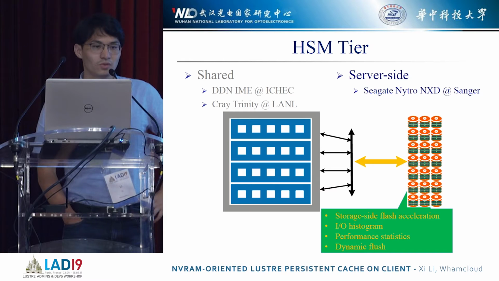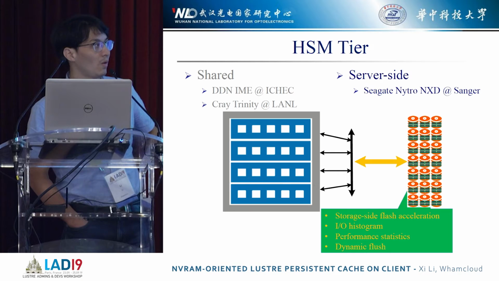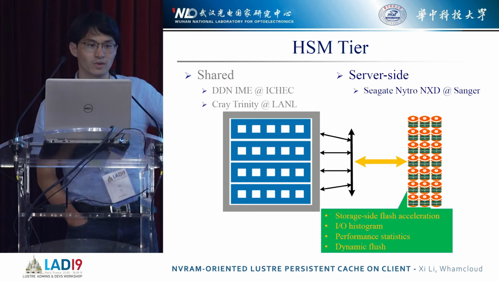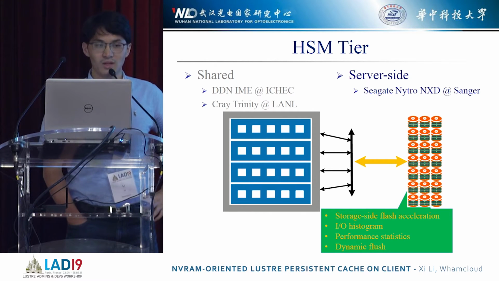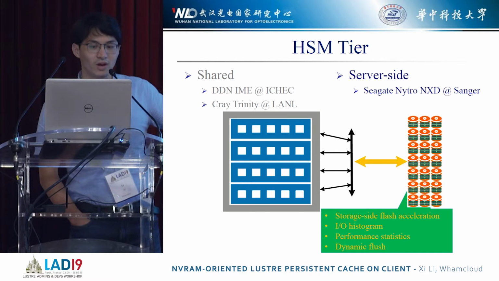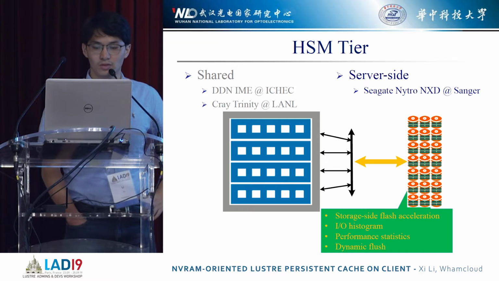Some of the other solutions are on the server side. It means on the parallel file system or on the storage side. That means it is a little bit far from the compute nodes, and you need to go through the compute network to access the storage.